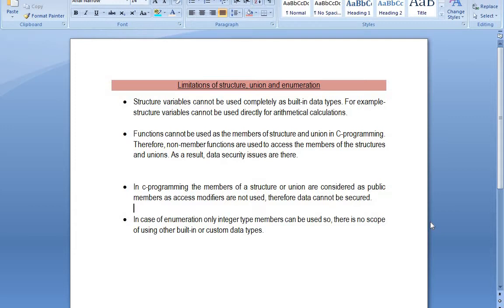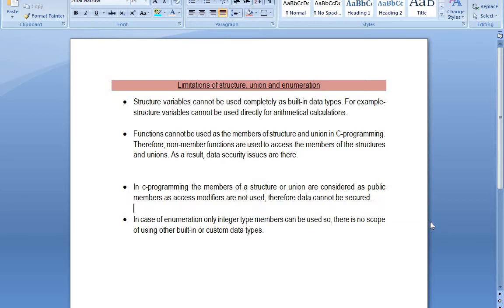But these structure variables cannot be used for arithmetical calculations like addition, subtraction, multiplication and division. For example, if you want to add two integers, you can perform the addition operation on them, but two structure variables directly cannot be used for addition, subtraction, multiplication and division. That is one limitation.